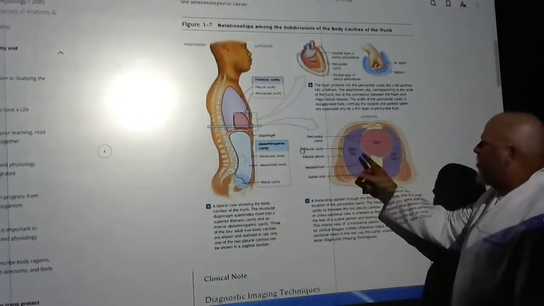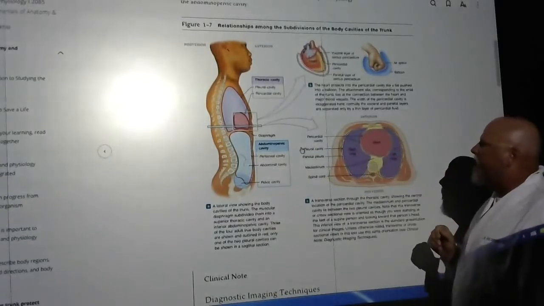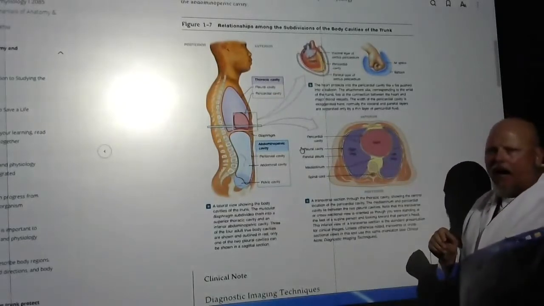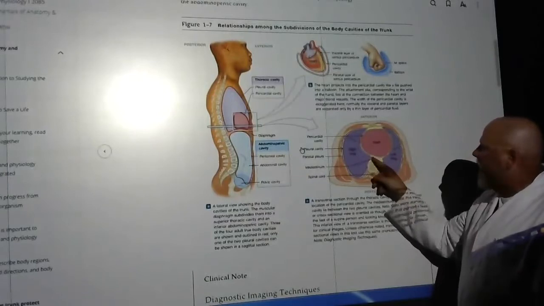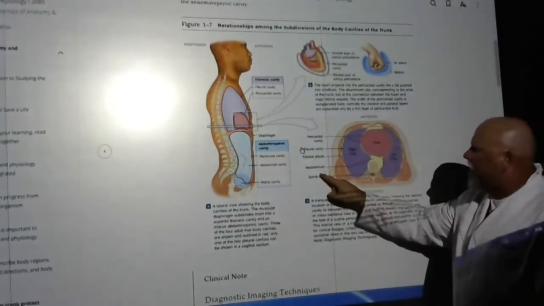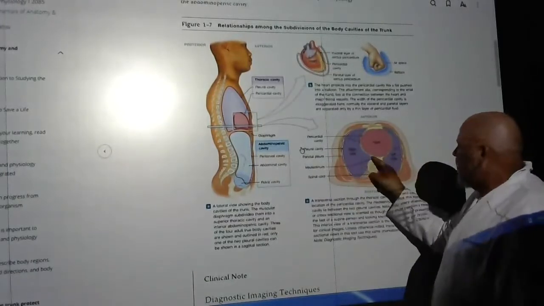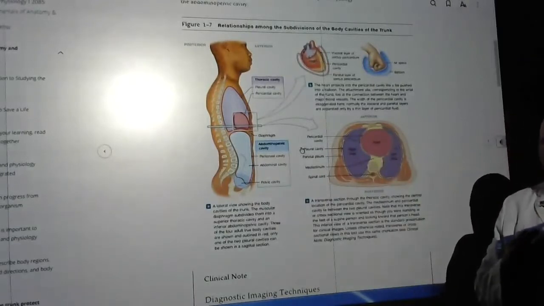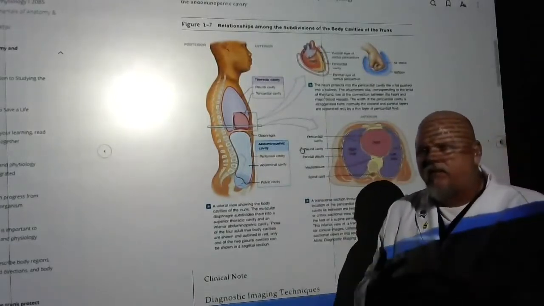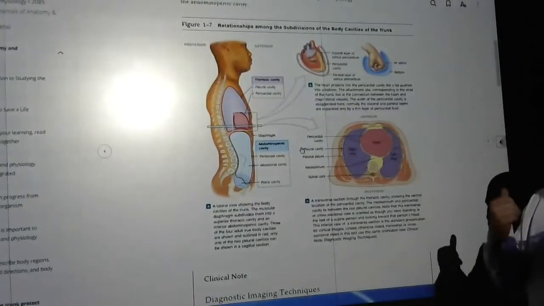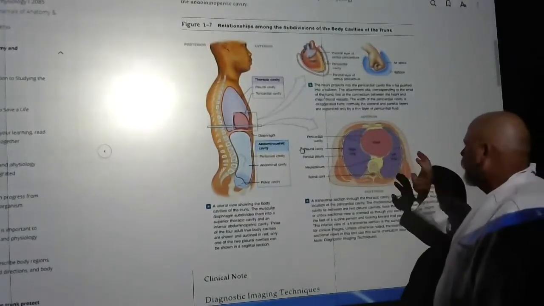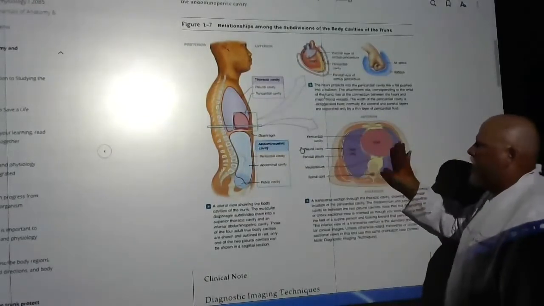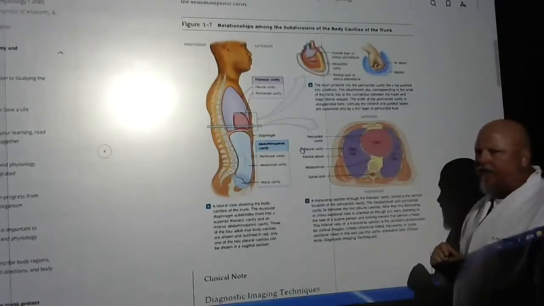What area is between the two pleural cavities, but around the pericardial cavity? That is this yellow area here. That's called the mediastinum. This is an area for locating the arteries and veins and lymph nodes and things like that that have to move up and down your body. So we have two pleural cavities and one pericardial cavity.